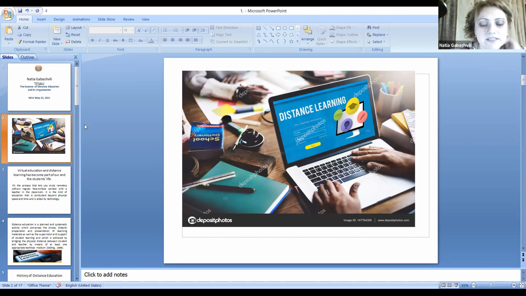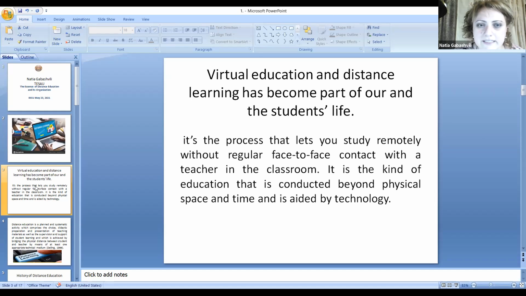Educators and scientists have been looking at ways to shift the traditional learning environment and resources into an adequate learning space by developing huge online and offline learning materials. Virtual education and distance learning has become part of our and the students' life.